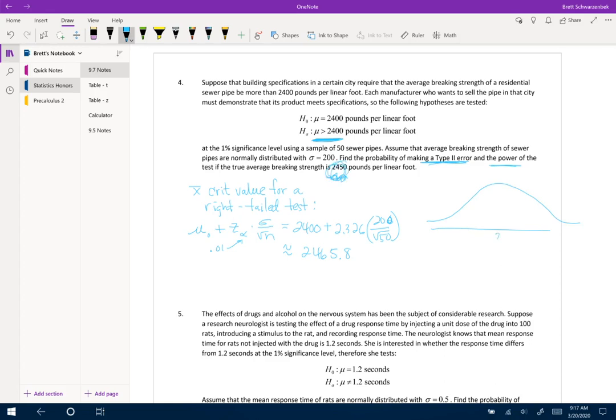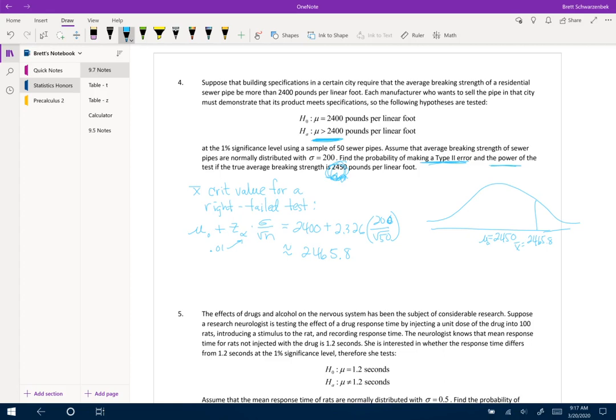So we're going to put our 2450 alternative mean in the middle, and then we're going to plot our 2465.8, an approximate value right here, which is X bar. Okay, so in this setting, this is where that value falls.